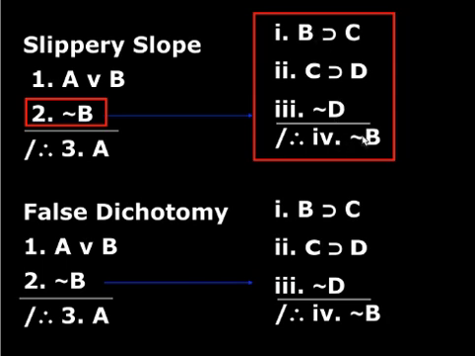It isn't likely. It's not a solid chain. B maybe won't necessarily lead to C, which won't necessarily lead to D, or something like that. With false dichotomy, the problem is this premise, the first premise that says these are the only two options.